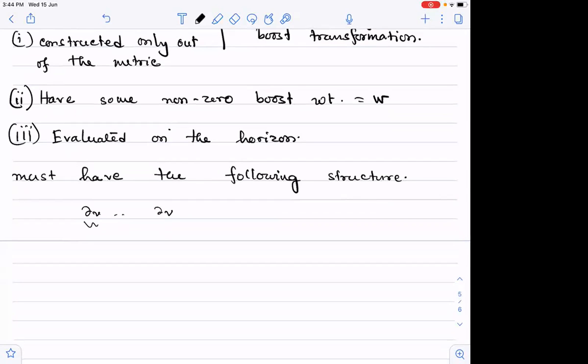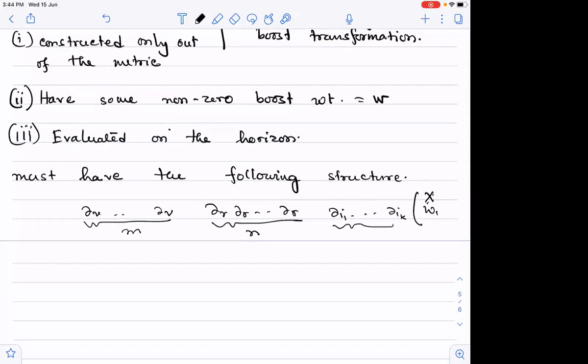So they will have some number of del V, some number of del R, then some number of del I, either acting on these metric functions, Z, omega I, and Hij, and products of such terms.